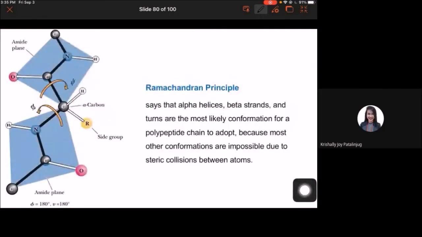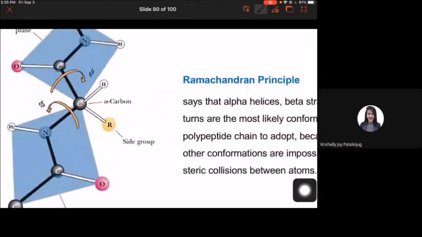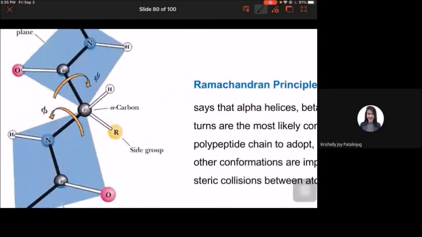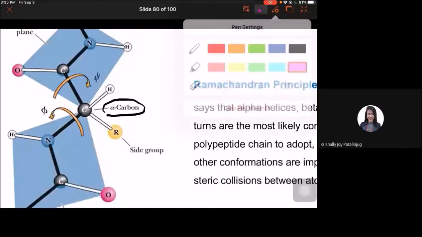On this figure, let us first locate the alpha carbon. It is already labeled in the structure, so you know where the rotational bonds are. If that is the alpha carbon, then the rotational bonds are the following.